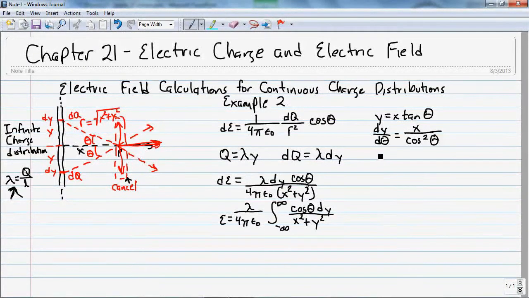So differential y is just going to be x d theta over cosine squared theta.